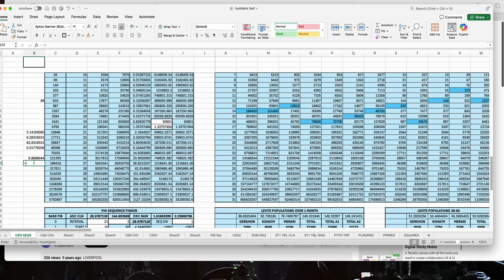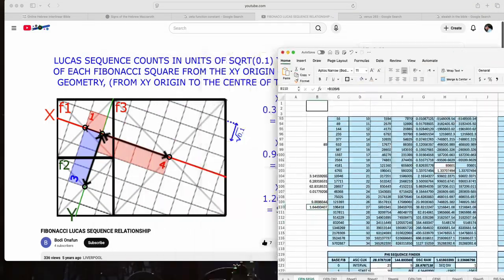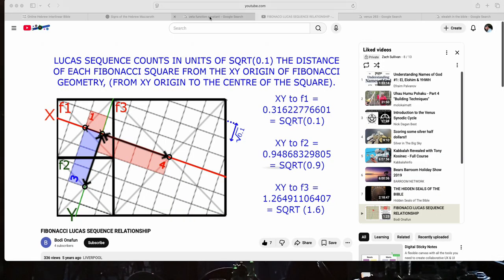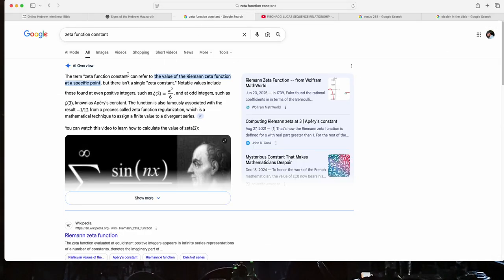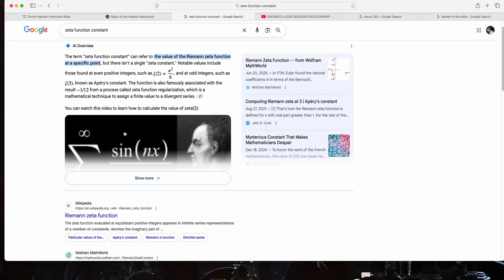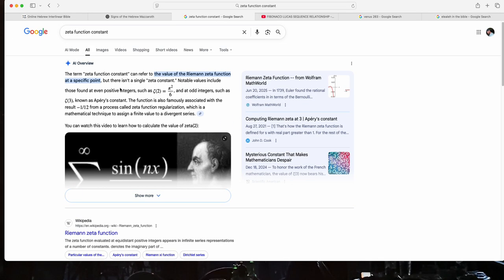So when we divide this number by 6, this is going to be our formula for our constant for the zeta function, the Riemann zeta function. So when we're looking at this, it ends up being pi squared over 6.